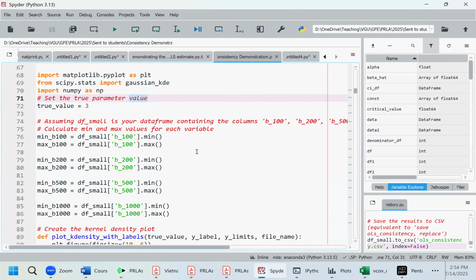Thì ở trong trường hợp này, với các B này, đầu tiên là B100, B200, B500 và B1000, thầy làm cho một cái đội này đã, đúng không? Rồi thì min và max này, thầy đố bạn anh là cái min này và cái min này, cái nào nhỏ hơn?